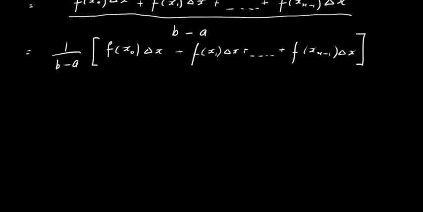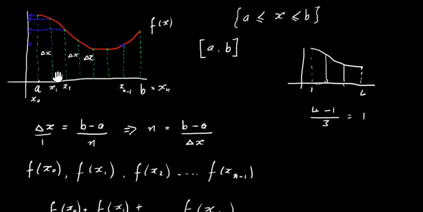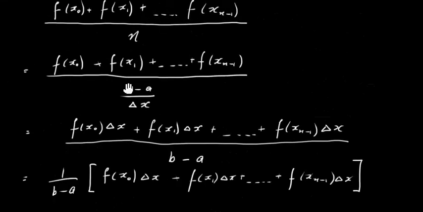Now let's just go again. As we see here, if we say n goes to infinity, in other words, we have, I think it is 8 sections here. 1, 2, 3, 4, 5, 6, 7 sections actually. But if we take n going to infinity, so we have an infinite number of these sections here, what happens?